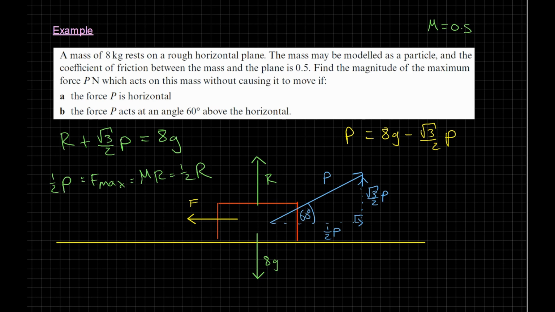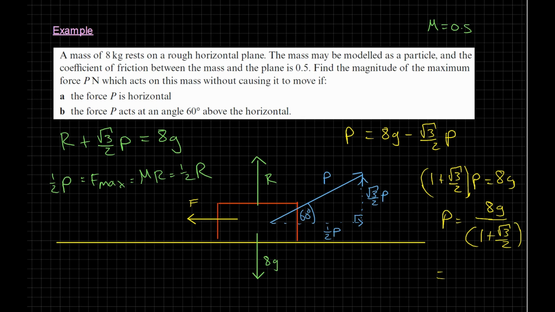Solve for P. So that's 1 plus root 3 over 2 P equals 8g. And therefore P is equal to 8g all divided by 1 plus root 3 over 2. Okay, put that into the calculator.